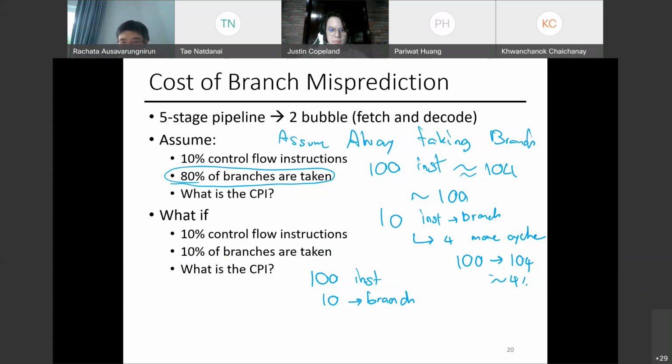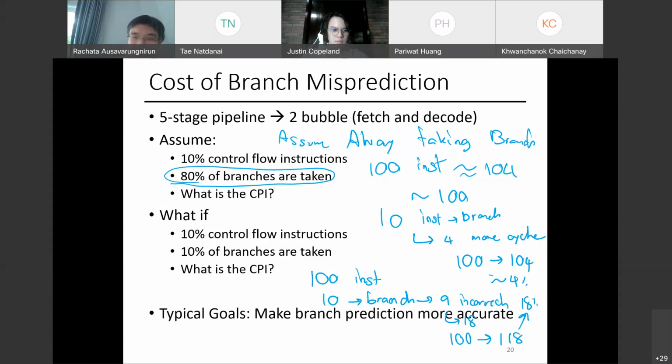So out of 10 branches, how many incorrect predictions? 9, right? 9 incorrect. So how many more cycles? 18 more, right? 18 more cycles, because each incorrect decision costs 2 more cycles. So over here, instead of 100, you ended up with 118. This is 18% worse, right? 4 to 18% worse. That's getting worse, right?